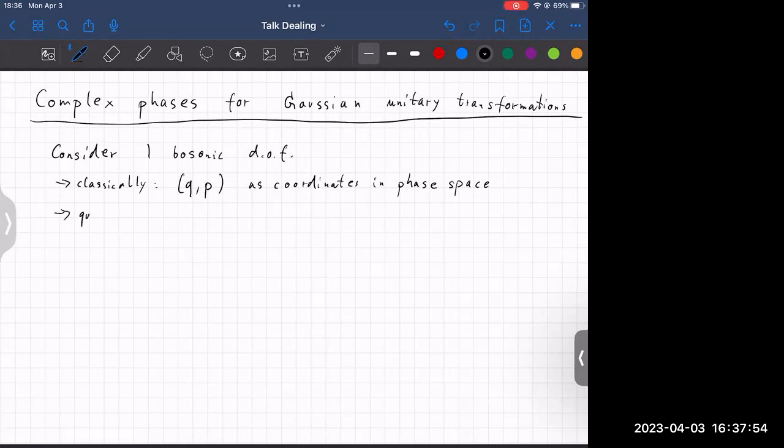But in the quantum theory, we have operators Q and P as quantum linear observables.